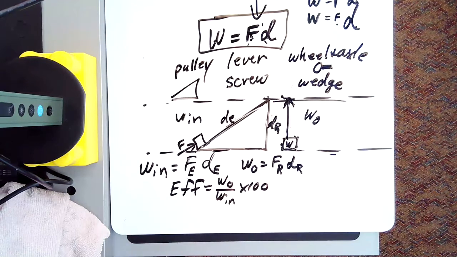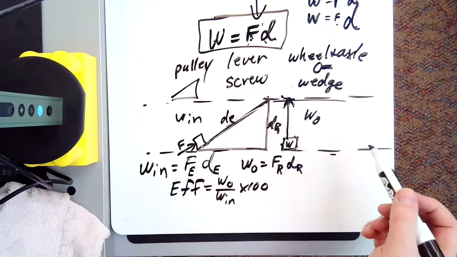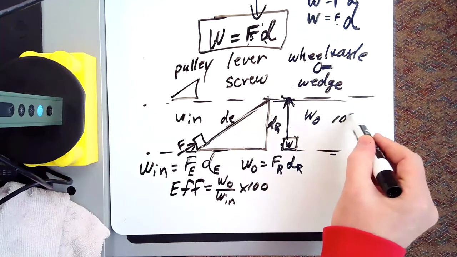Now, if it's always less than 100%, what does that mean? Which one of these numbers is actually the biggest number then? Work out or work in? Work in, right? Now, that's the problem that students have. That means the work out to get this piano up is some number, like, I don't know, 100 joules.